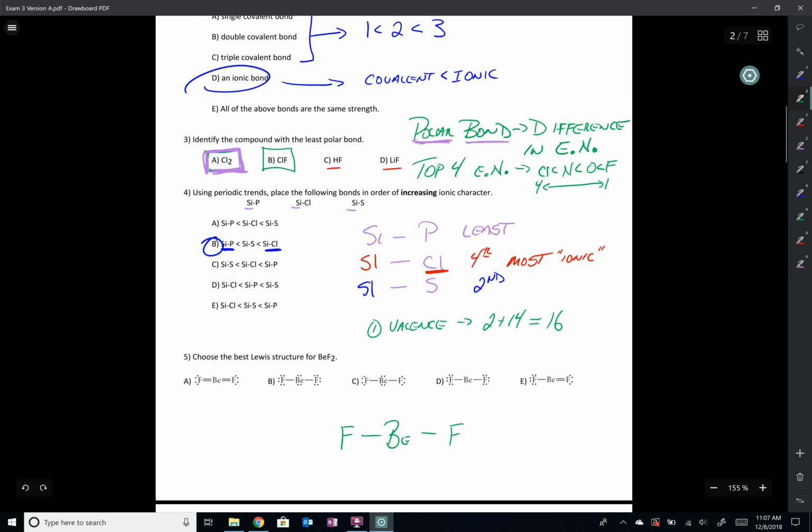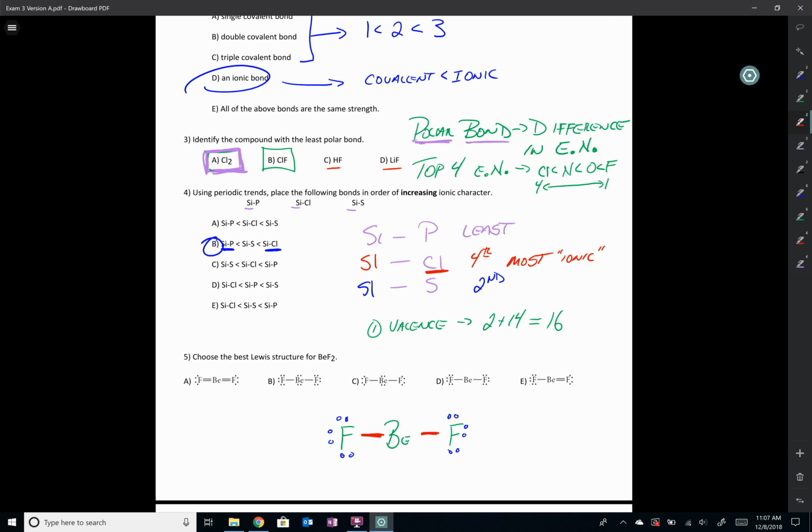Then we fill in electrons from the outside in: 1, 2, 3, 4, 5, 6, 7, 8, 9, 10, 11, 12. So we have 12 as lone pairs, and then 14 and 16 are coming from our 2 bonds.